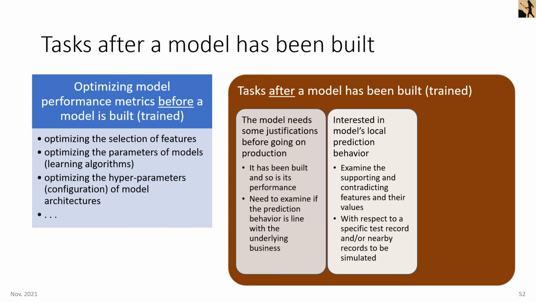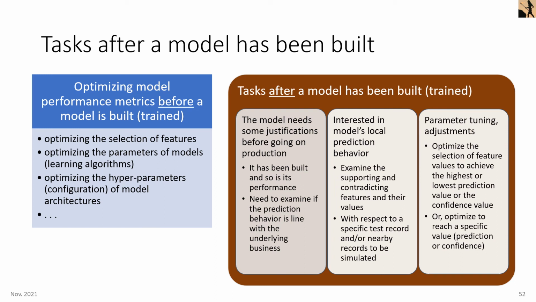And then those values can be clearly seen through the use of RapidMiner to see how these local changes will change either the prediction on the values or the confidence level in the classification case, right? And so at the end, we can do parameter tuning that is very important in the business, right?